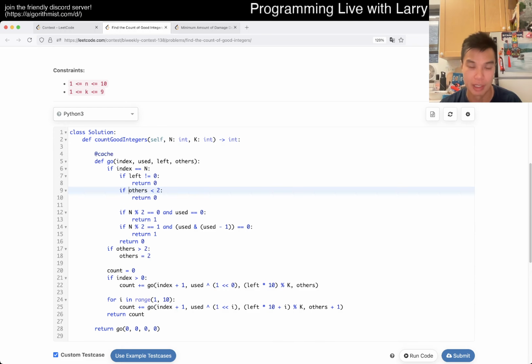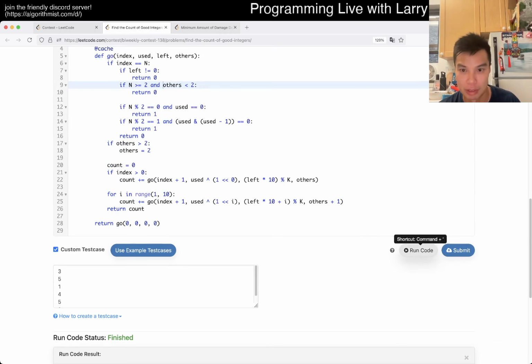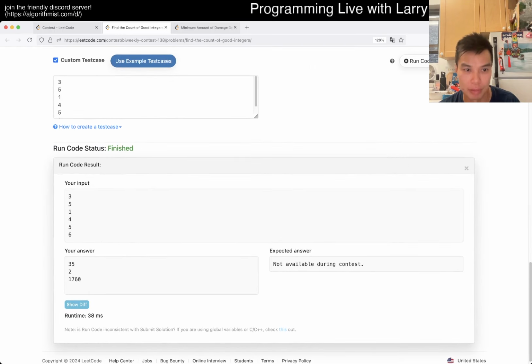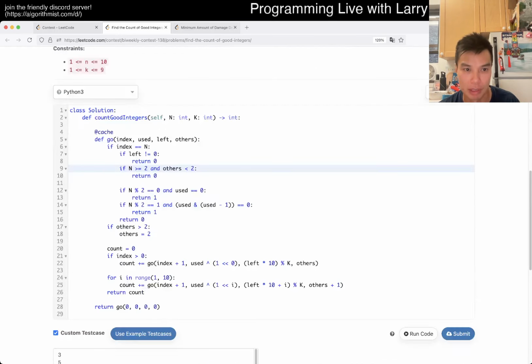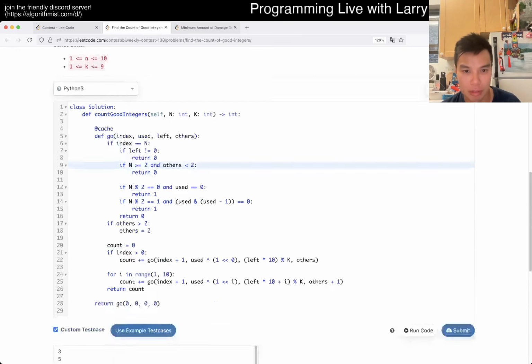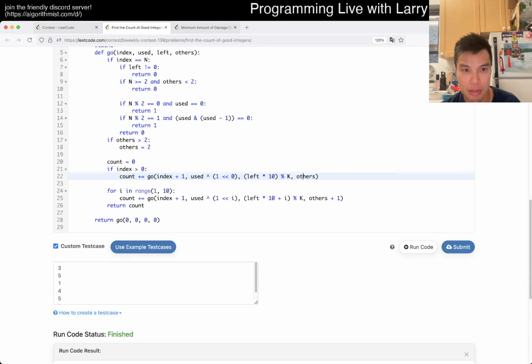Right? If n is greater than or equal to 2 and others is less than 2, then okay. Got rid of some of the inputs, but that's not quite right, is it? You still have too many cases. Why? Others plus 1.